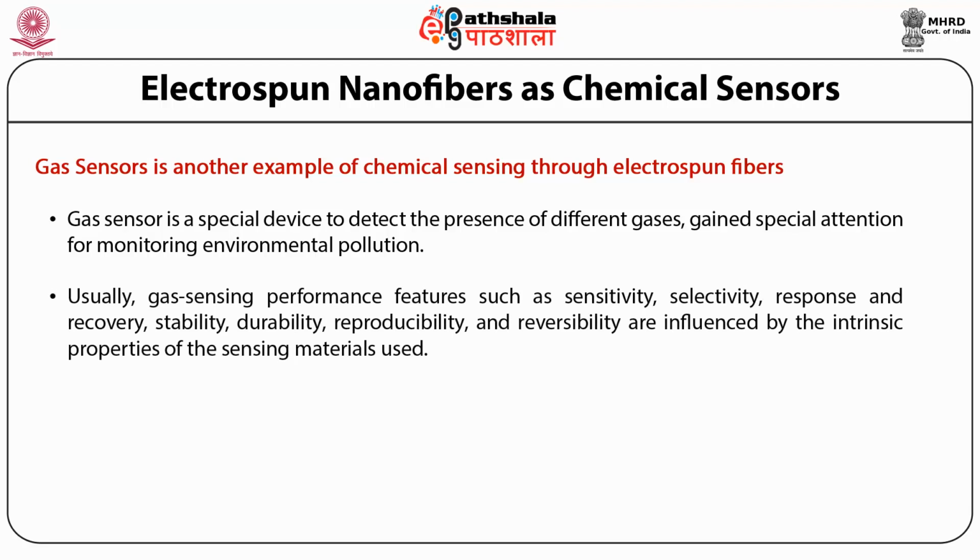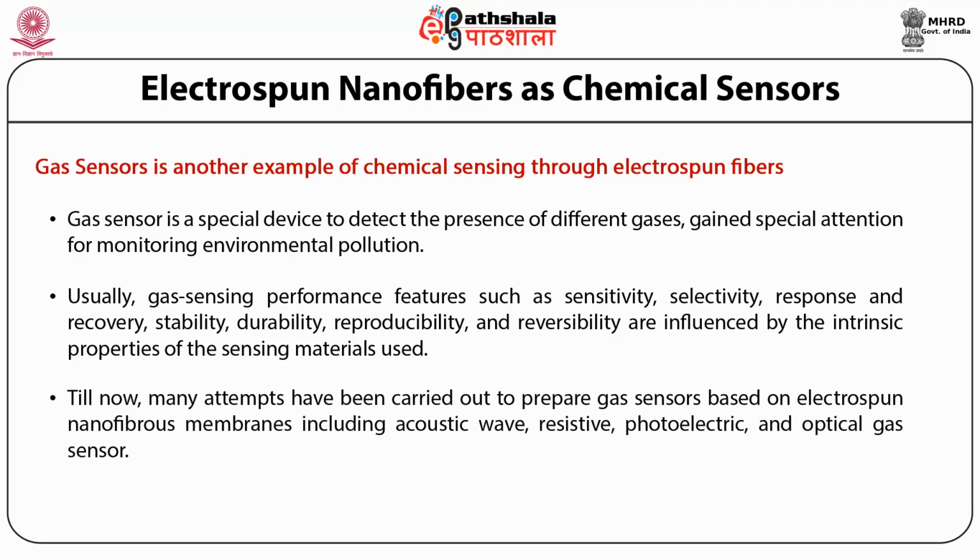Usually, gas sensing performance features such as sensitivity, selectivity, response and recovery, stability, durability, reproducibility, and reversibility are influenced by the intrinsic property of the sensing material used. Till now, many attempts have been carried out to prepare gas sensors based on electrospun nanofiber membranes, including acoustic wave, resistive, photoelectric, and optical gas sensors.